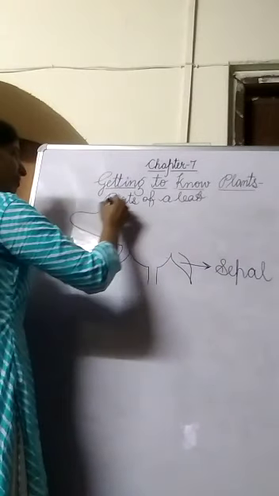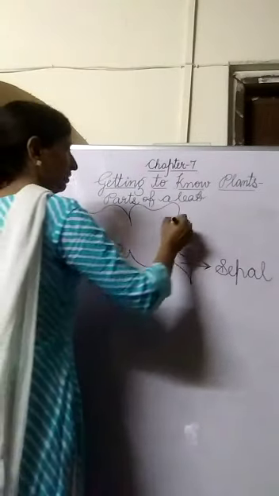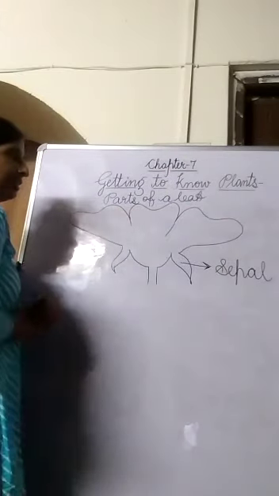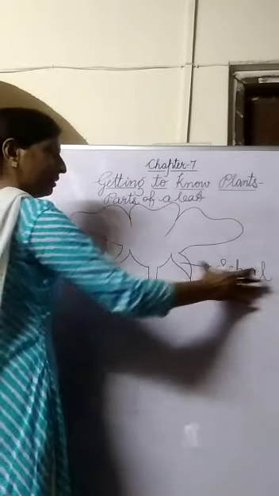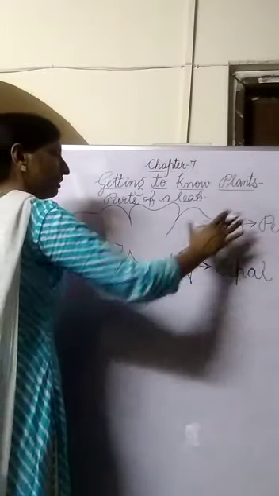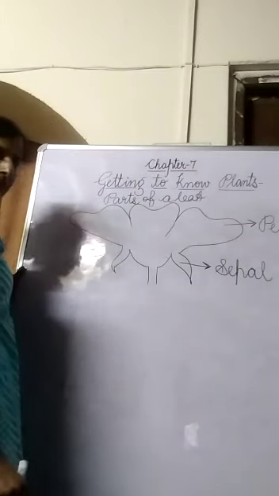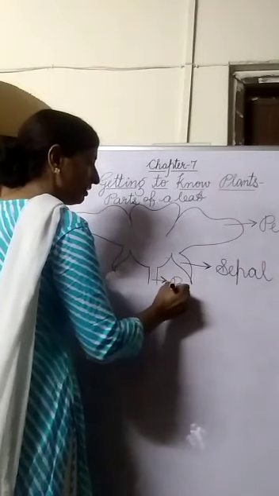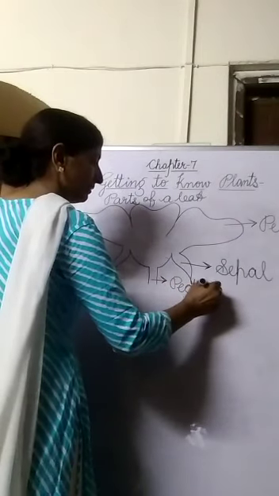In the developing flower, these leaves protect the flower. In the bud condition, the flower is protected by these sepals. And the colorful part of a flower is called petal. The stalk of a flower is called pedicel.